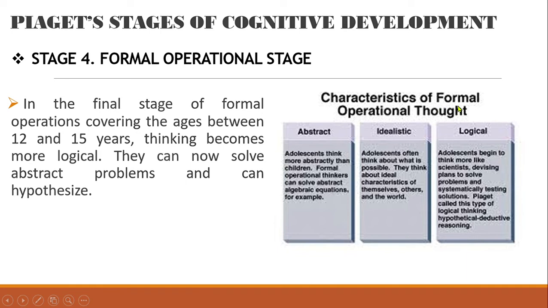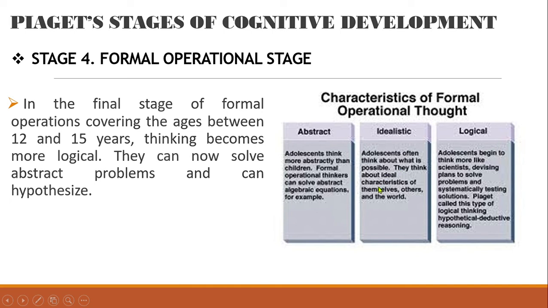Okay, so characteristics of formal operational thought. We have here the abstract, idealistic, and logical. In abstract, adolescents think more abstractly than children. Formal operational thinkers can solve abstract algebraic equations, for example. In idealistic, adolescents often think about what is possible.